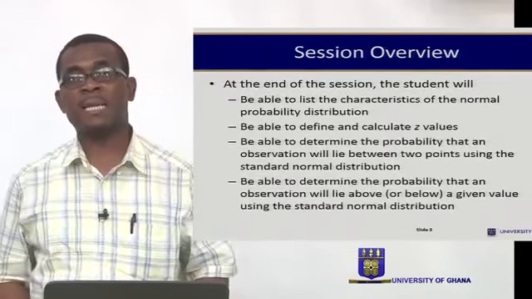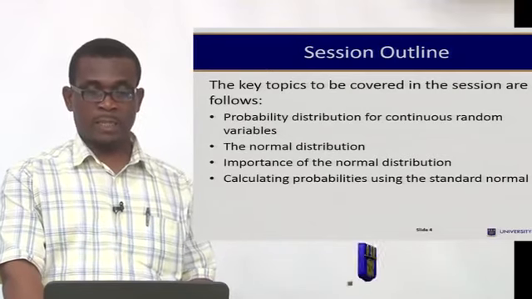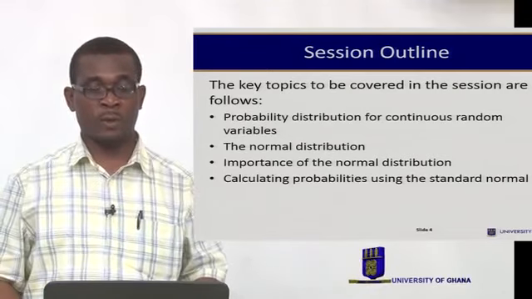Now, it is expected that at the end of the session, you will be able to list the characteristics of the normal distribution, define and calculate what is called the z-values, and then be able to calculate the probability that a random variable lies between 2 points using what is called the standard normal distribution. The session is outlined as follows.